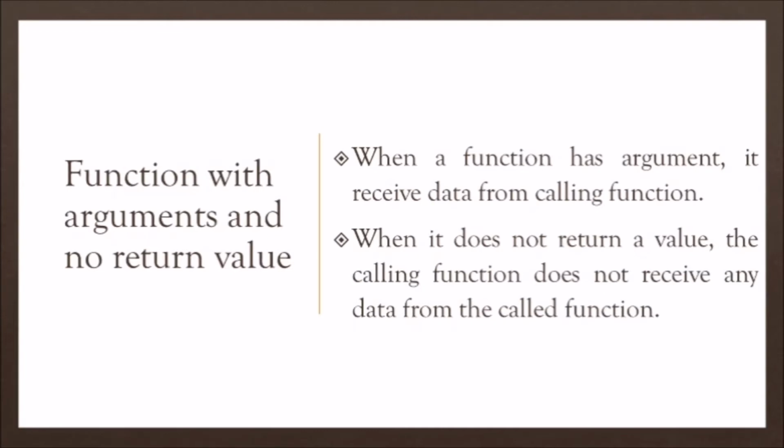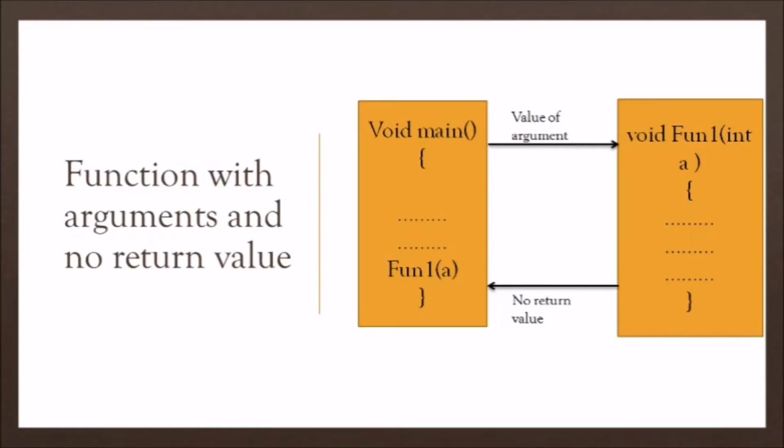If there is no return value, it means that the function did not send any data back. So this is the demonstration that the main function passes the arguments to the function, but the function does not return any value to the main function. Okay, so let us see the example for it.